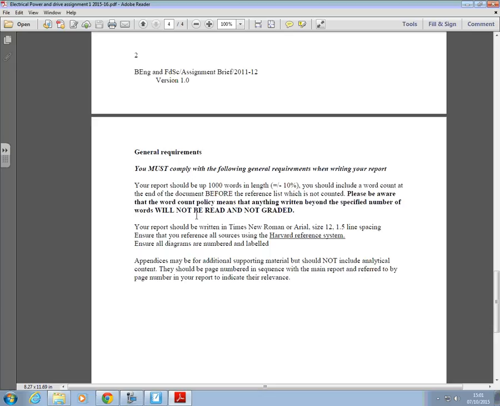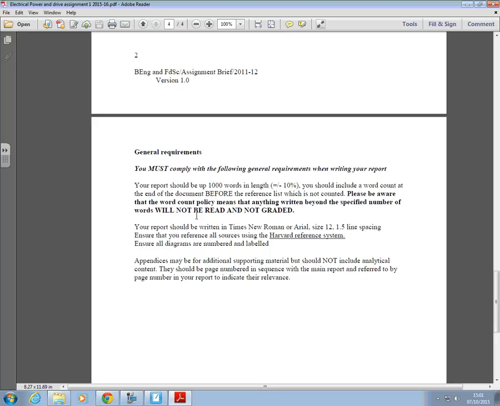I'm sure you do. Appendices may be used for additional support material, but should not include analytical content. They should be page numbered in sequence with the main report, so don't start a new set of page numbers for each appendix. It makes them difficult to find. Alright, and referred to by the page number in your report.